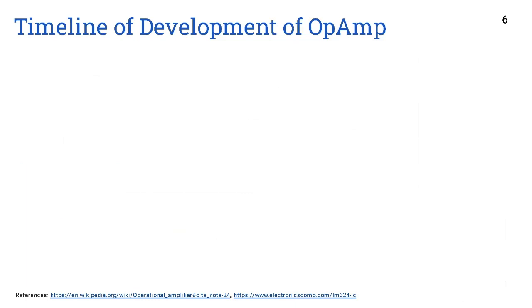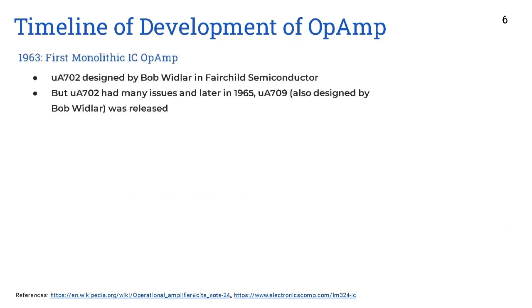So we'll move to the second half of the development of op-amp. In 1960, the first monolithic IC op-amp was developed. Its name was the μA702, and it was developed by Bob Widlar at Fairchild Semiconductor. But they had rushed the production of the μA702 before Bob Widlar could clearly define its properties and think about it properly.